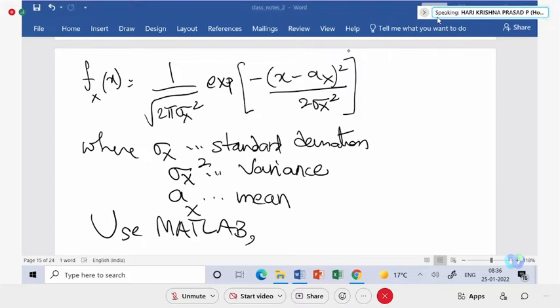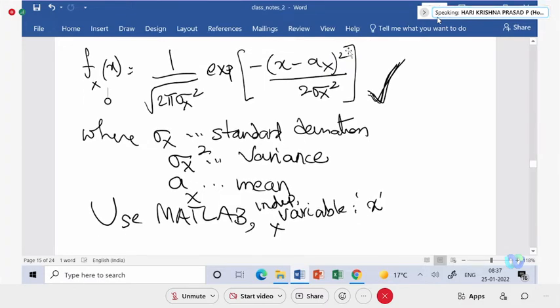After downloading, the advantage of that package is, suppose I have an expression of this kind. First you identify what the variable is. X is the independent variable. Then what is the value to be given to the mean?